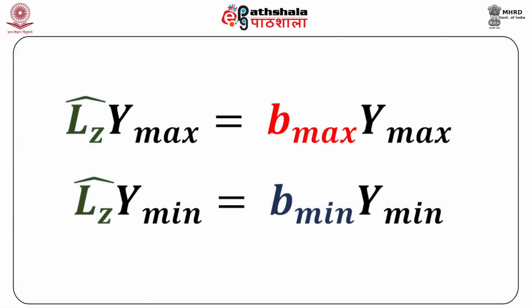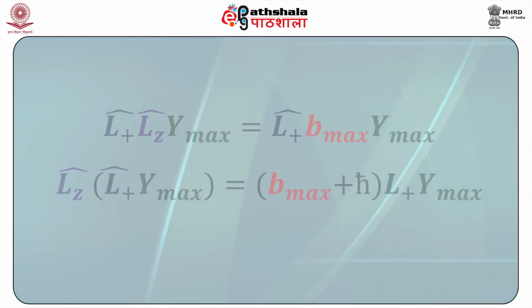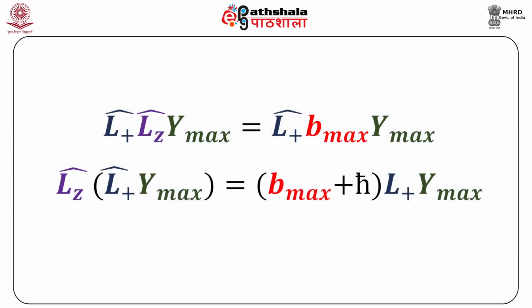Now, let us consider bmax and bmin as the largest and smallest eigenvalues of the Lz operator. This modifies the eigenvalue equation of angular momentum component Lz as Lz ψmax equals bmax ψmax, Lz ψmin equals bmin ψmin. Now, operating on the bmax equation with the L plus operator gives us the expression L plus Lz ψmax equals L plus bmax ψmax.